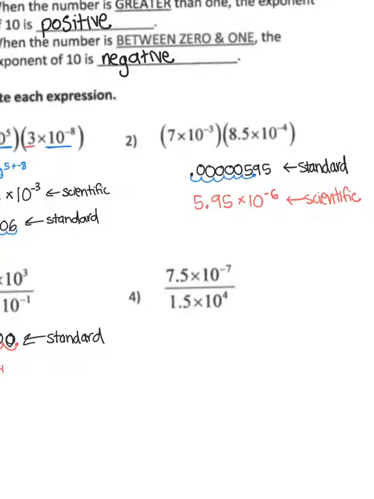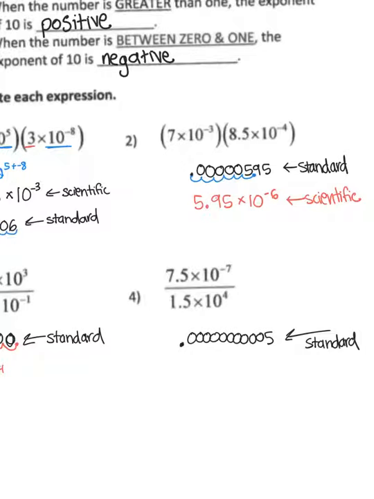Okay, number 4. When I type this into my calculator, my standard form gives me point, let's see how many zeros we've got, 1, 2, 3, 10 zeros, and then a 5. So this is my standard form. As these numbers get bigger and smaller, you can see that scientific notation is going to be a lot easier to write than having to count out all these zeros.